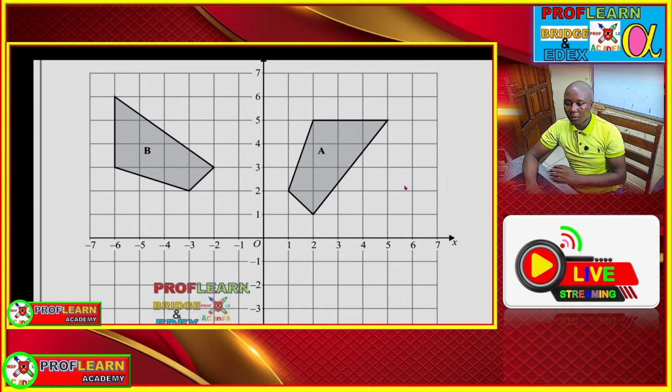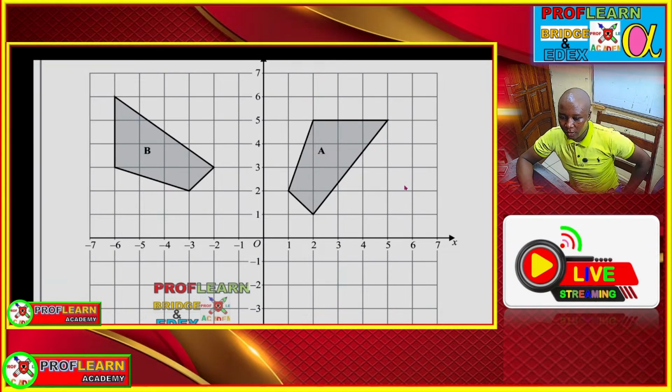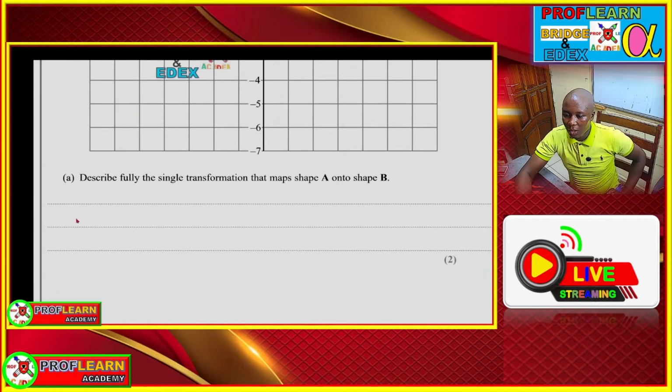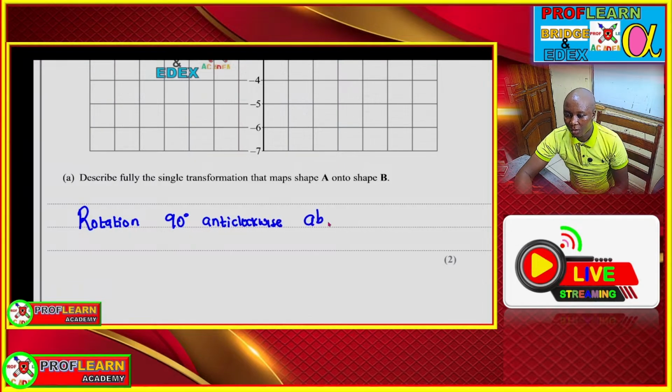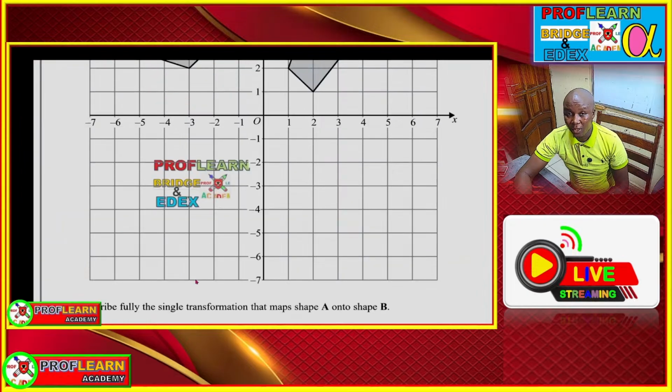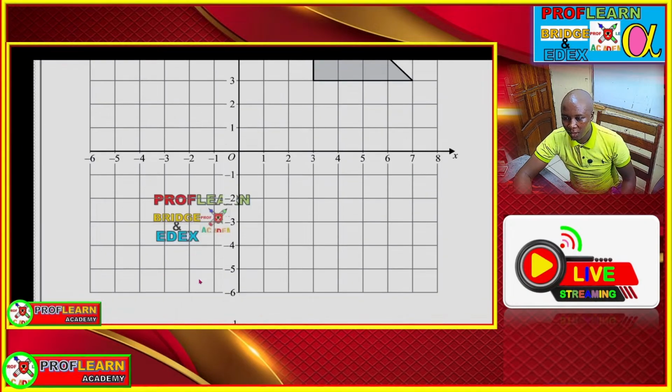Okay, so we're going to move to this question of transformation of solids, and here we are supposed to fully describe a single transformation that maps A to B. Of course, if you have a physical paper, you can see the rotation, anti-clockwise about the point -10. Since I'm working this on the software, I really don't have the functionalities through which I can show the workings. Let's move to the next part.